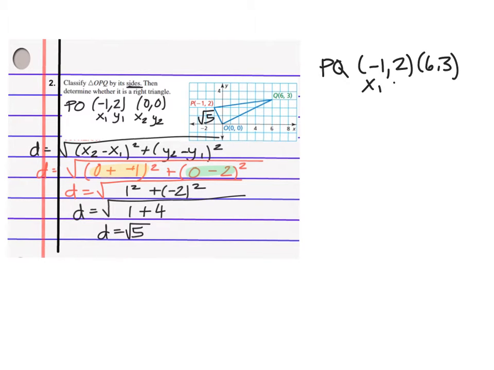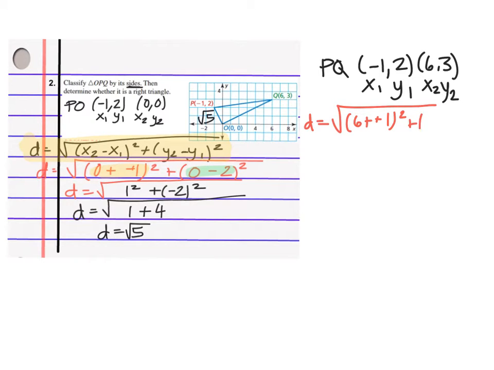I'm going to make this x1, y1, x2, y2, and I'm still following my distance formula right here. So I'm going to plug those numbers in. So x2 is 6 minus x1 is -1. 2 negatives, that changes to plus.